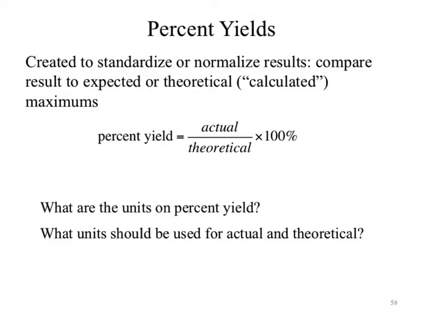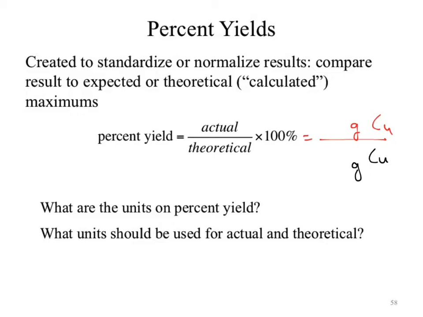Right? What units should you use for actual and theoretical? In the case of the copper ore lab, it was grams of copper, grams of copper. We'll even use a different color to help accent that. What units did we use?